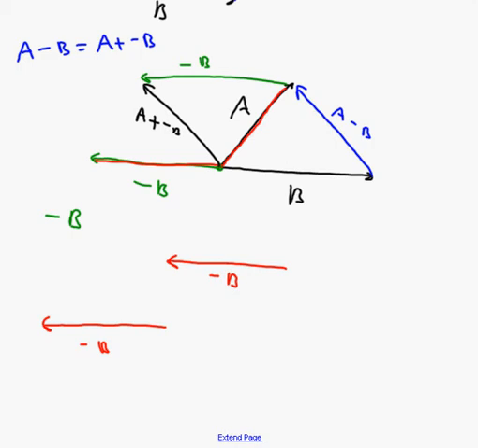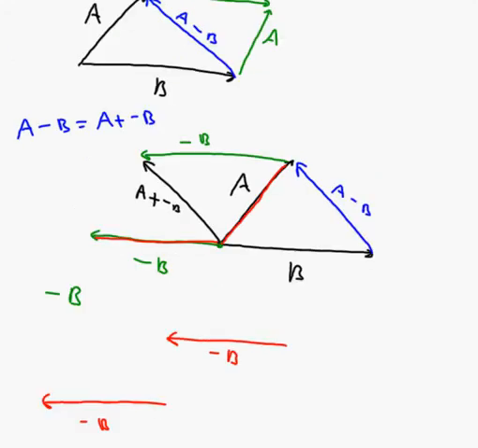Is there another way to think about why vector A minus B has to point the way it does, from the head of B to the head of A? You can think of it in the following way. We write A minus B, but what are we trying to find?